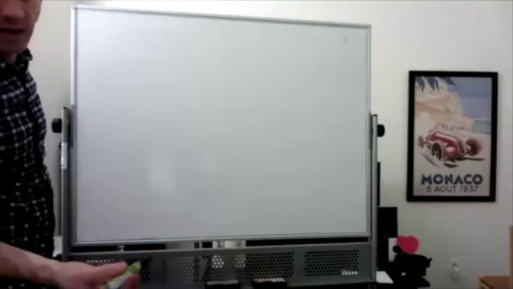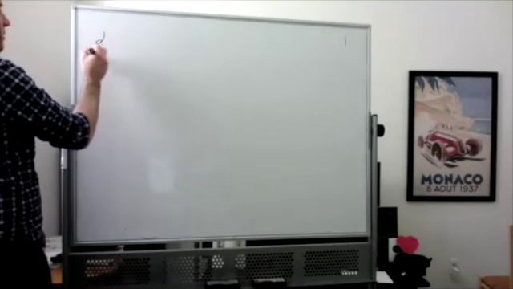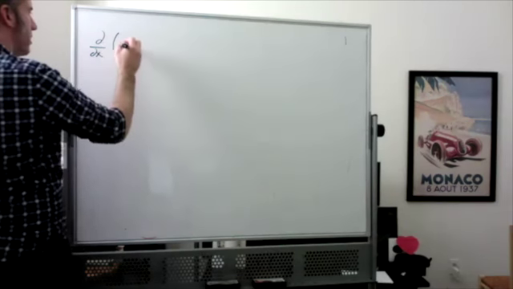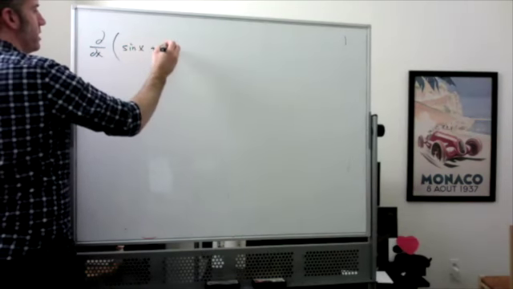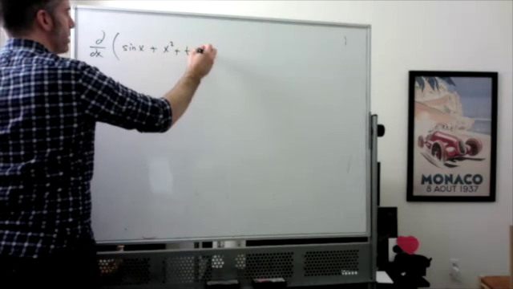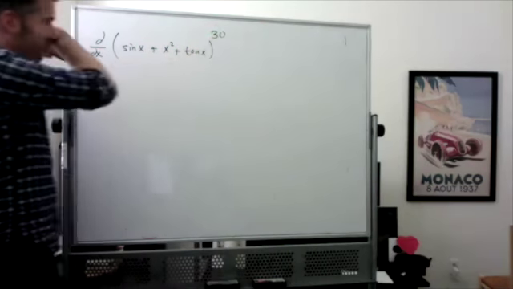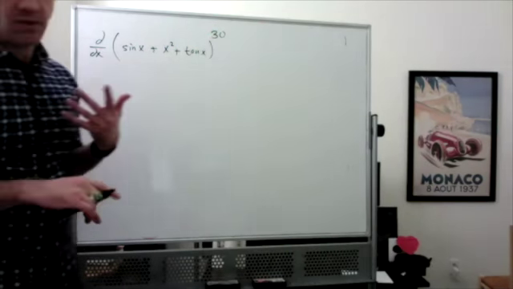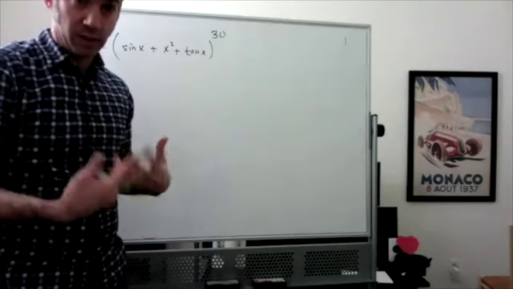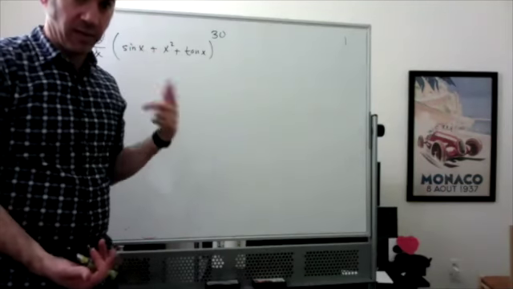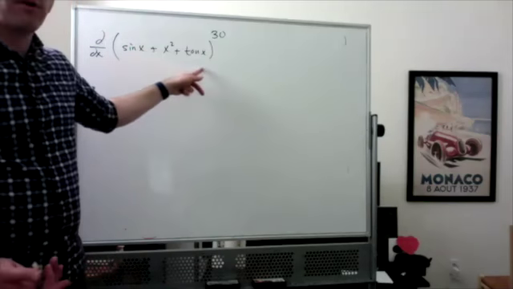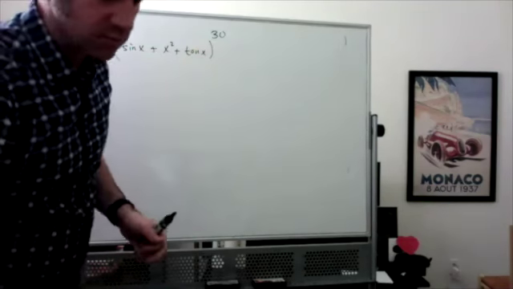So we can do something like, what's the derivative of sine of x plus x squared plus tangent of x, to the 30th power? Typically when I'm looking at a composition of functions, I say it this way in my head: I've got some stuff raised to the 30th power.